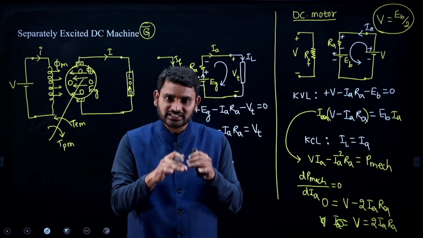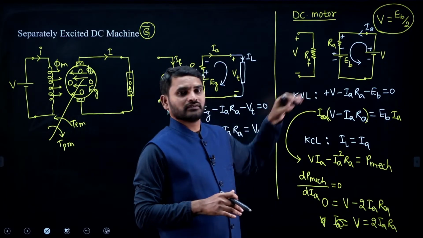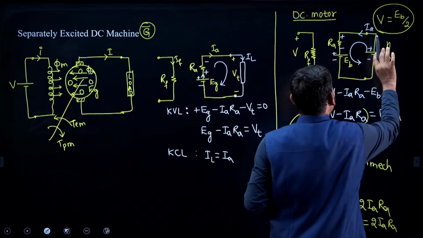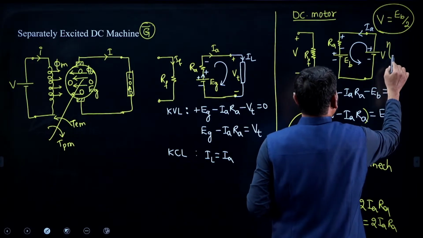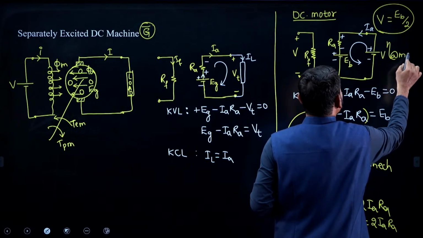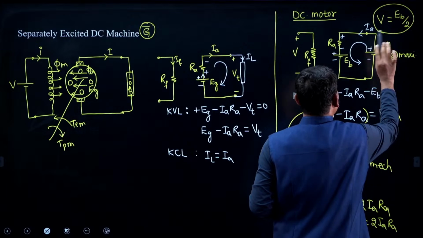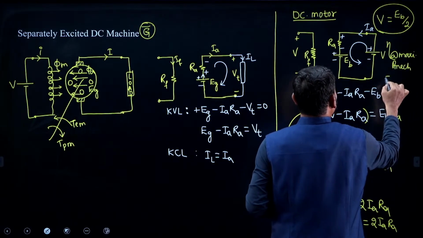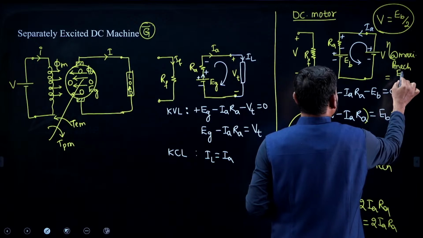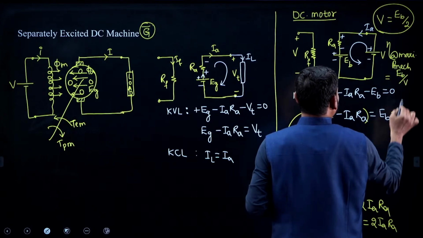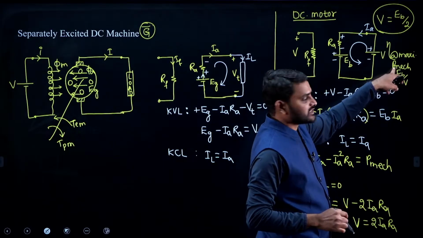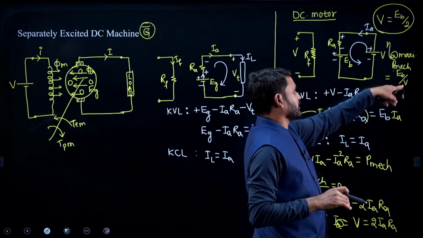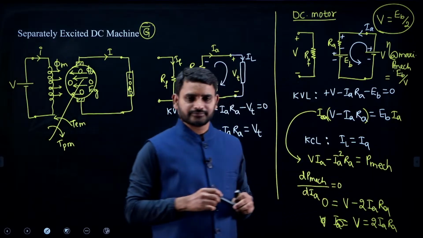And if you solve the efficiency produced by the motor during the maximum mechanical power condition, you will get the efficiency. It is not maximum efficiency, it is the efficiency at maximum mechanical power, not maximum efficiency. At maximum mechanical power, if you solve it, you will get it as EB by V. It is like output power by input power, but end of the day this is the formula you are going to get.